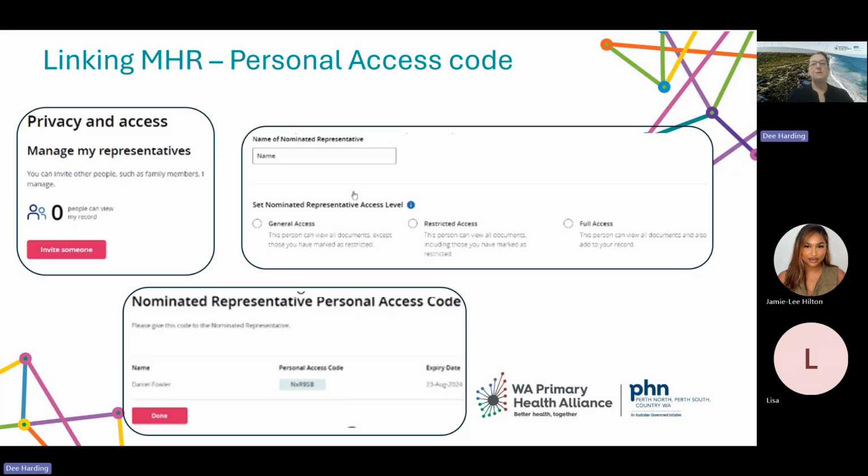So how do we go about linking a friend or family member to your My Health Record? There are a few assumptions that we need to take into consideration here. Both parties, that means you with the record and the other person, will need to have access to the My Health Record through MyGov. So if I wanted to add someone to view my record, I would enter into my record and navigate to the Privacy and Access tab, which you'll see on the top left-hand side here.